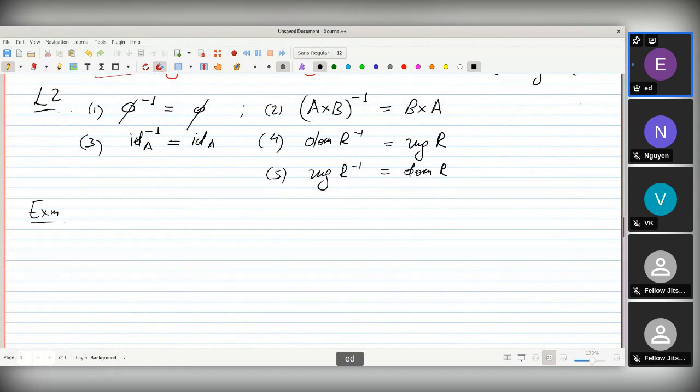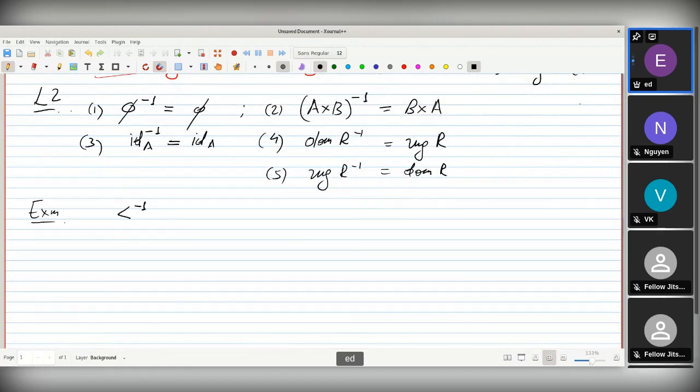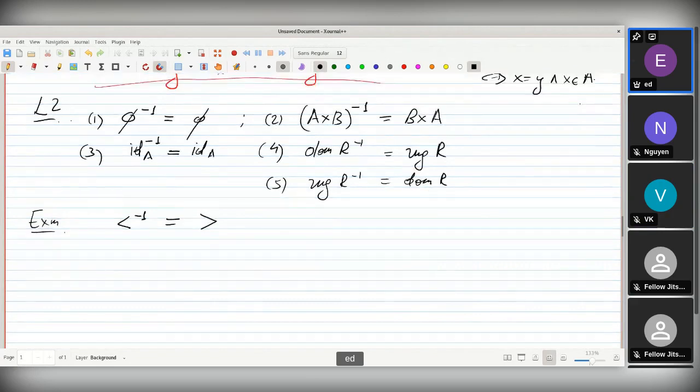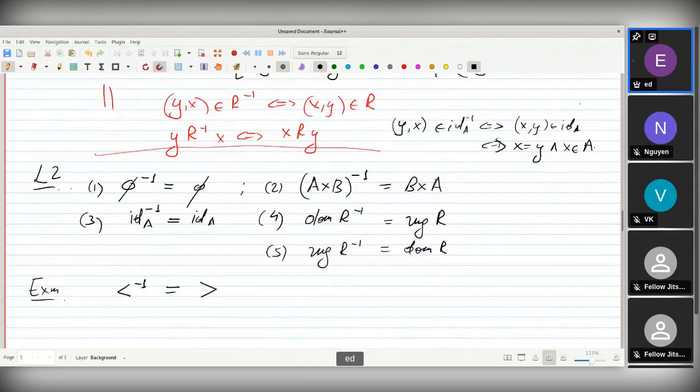And what if we take the converse of this less than relation? What is it? Greater than. Yeah, exactly. That's it. Look, let us apply the definition.